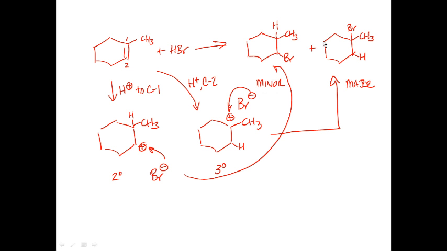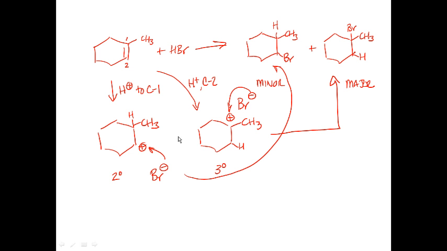Now in this case, both products are going to be formed. It's just you'll get more of the 1-bromo-1-methylcyclohexane versus 1-bromo-2-methylcyclohexane. Okay, so that's what the major product of the reaction is going to be.